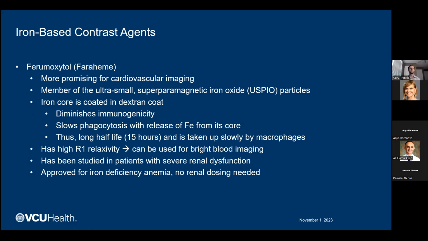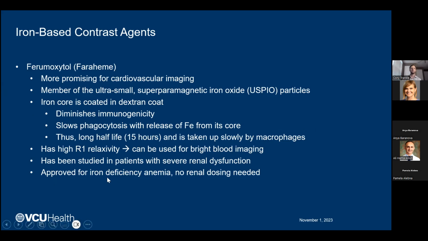Ferumoxytol is one that's been described as a member of the ultra-small superparamagnetic iron oxide, or USPIO, particles. And what's nice about it is that it's coated in a dextran coat, which diminishes its immunogenicity, and it's got a slow uptake by macrophages.